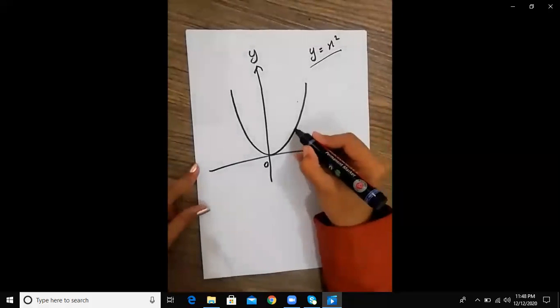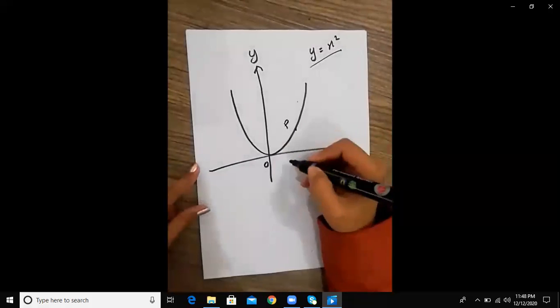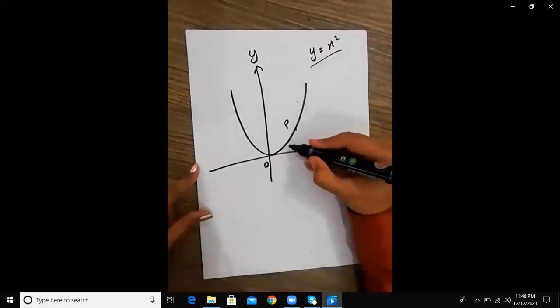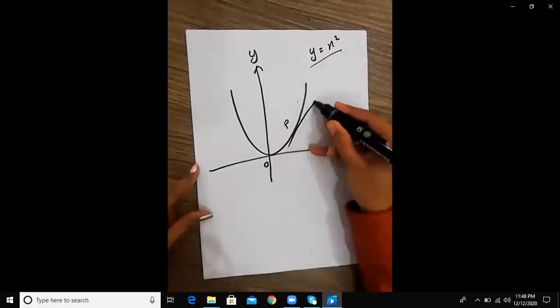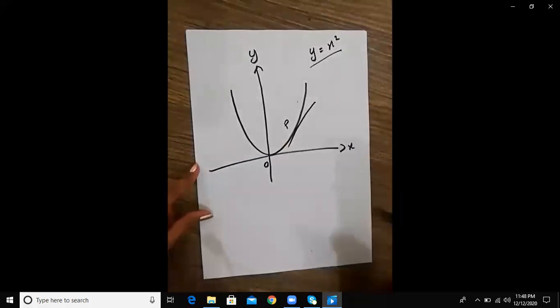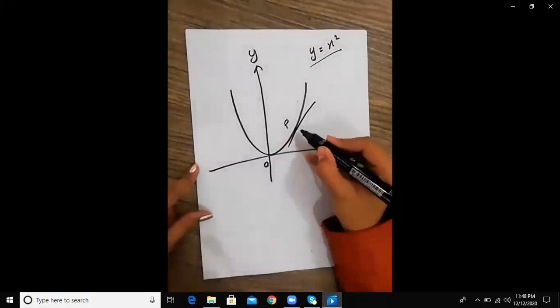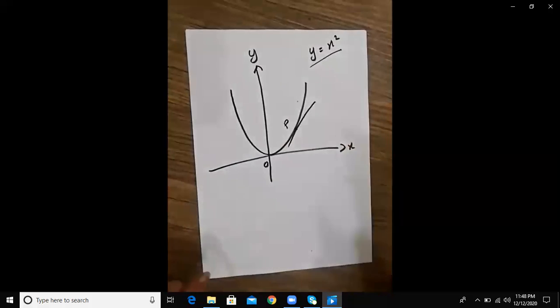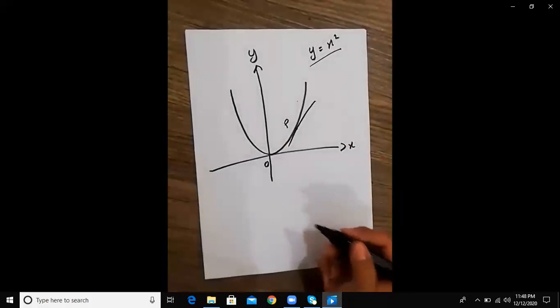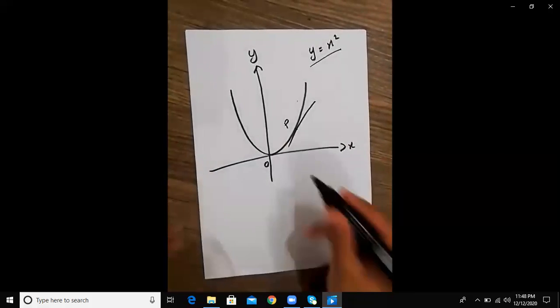But we can try to find the slope at the point P of the curve. This is the point P and this is the tangent line at this point P, as this is a straight line and this line is touching the graph at just one point.